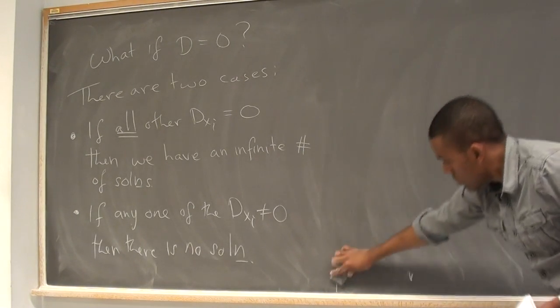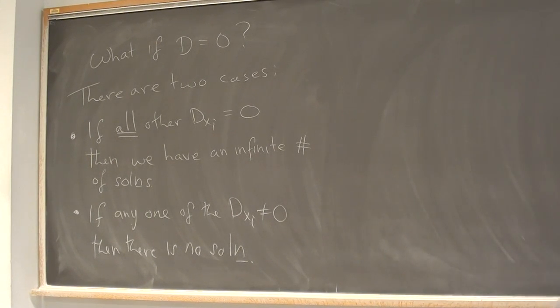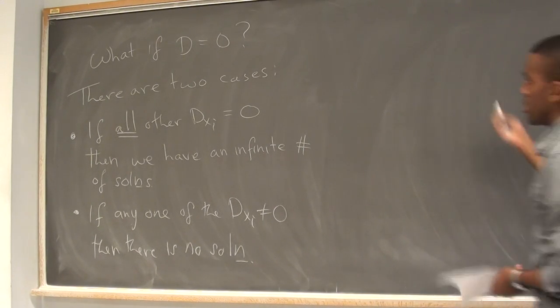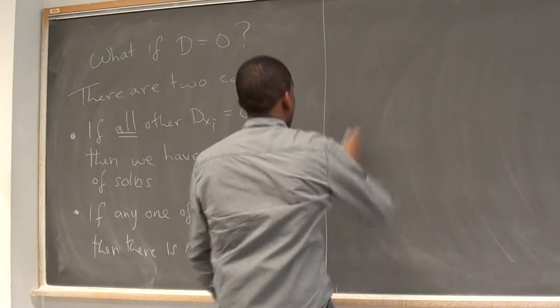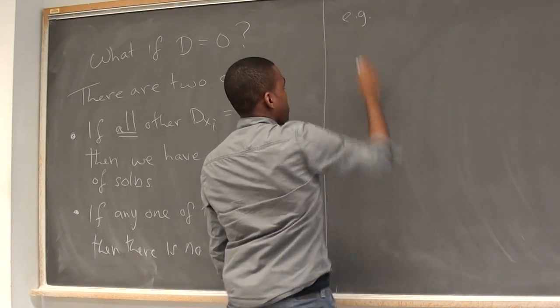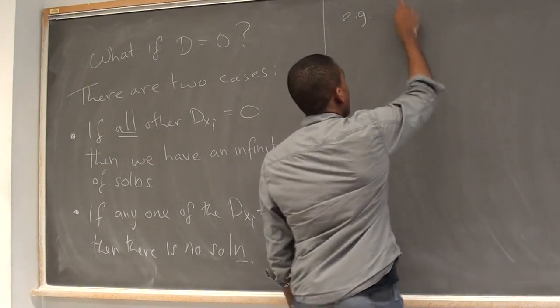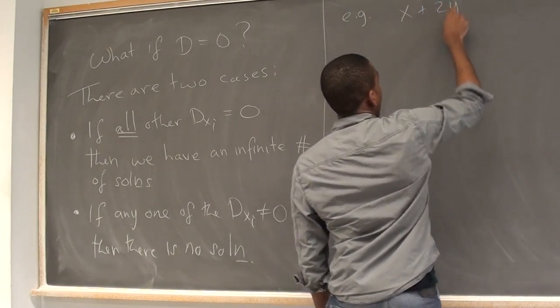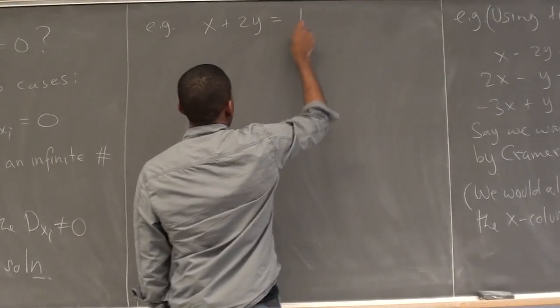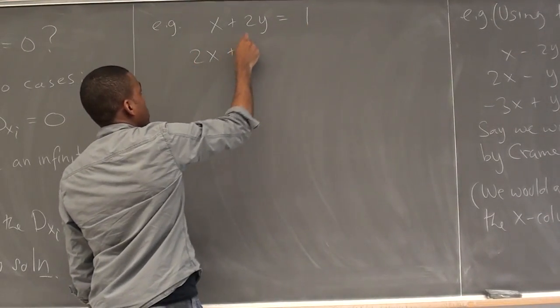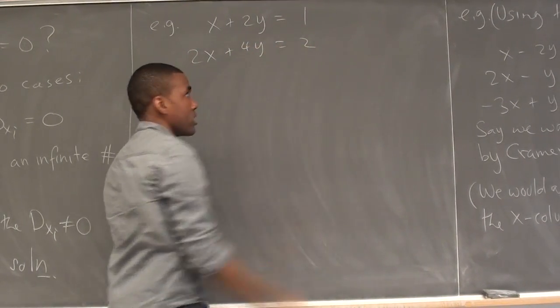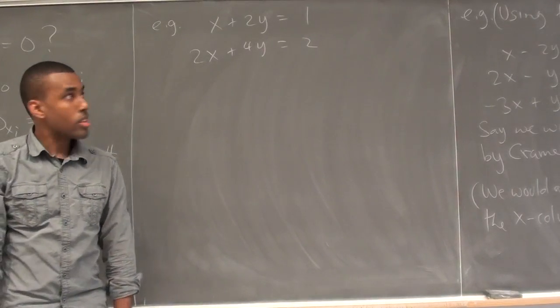Wait, can you repeat that? Let me give you a simple example because I don't want to keep computing determinants. So x plus 2y equals 1, and 2x plus 4y equals 2. Clearly this has an infinite number of solutions, right?